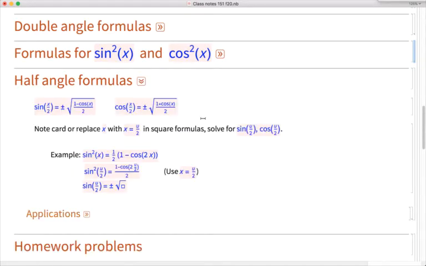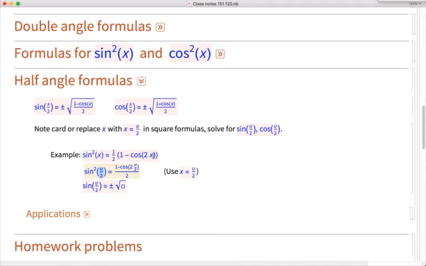Half angle formulas. So this allows us to compute the sine and cosine of half x when we know the cosine of x itself. Okay, so just to show you where the identities come from, we take the identities for the squares, replace the x in those identities with, say, u over 2.